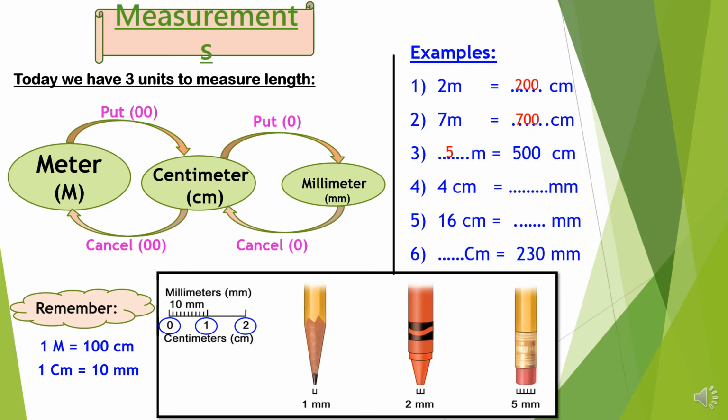So it will be 160 millimeter. And in the opposite direction, if we have 230 millimeter and we want to convert them to centimeter, we will cancel 1 zero. So it will be 23 centimeter.